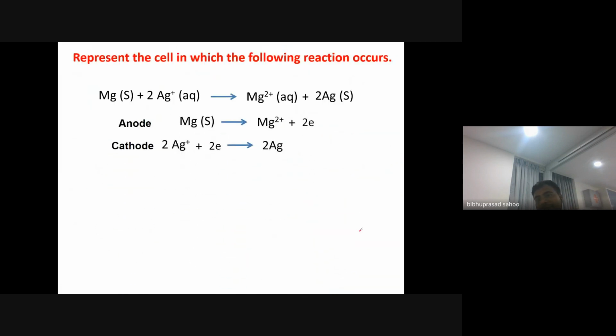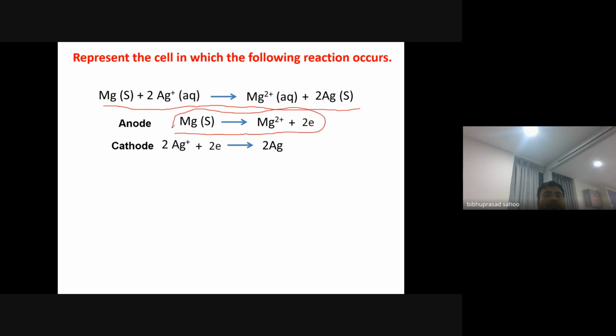So simply, represent a cell in which the following reaction is going on. Magnesium solid plus 2 Ag plus gives magnesium 2 plus plus Ag solid. At the anode, magnesium oxidizes.